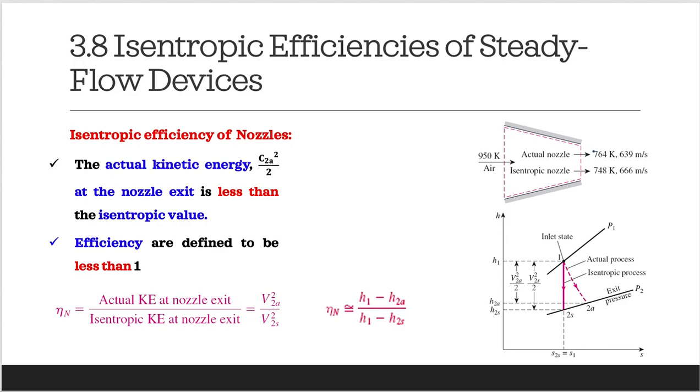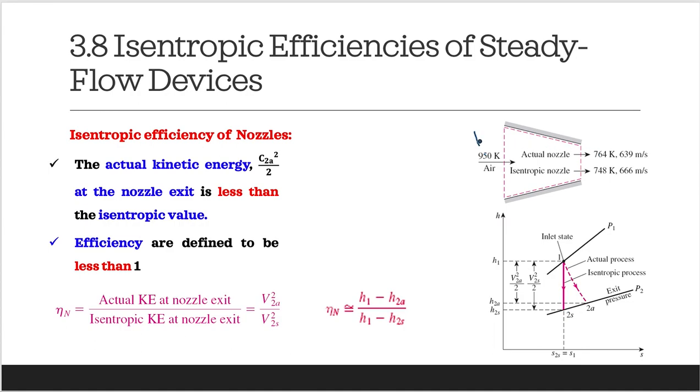This is the schematic diagram of the nozzle, and this is the diagram of enthalpy versus entropy. And we know that the pressure will decrease as the liquid or air goes through the nozzle.